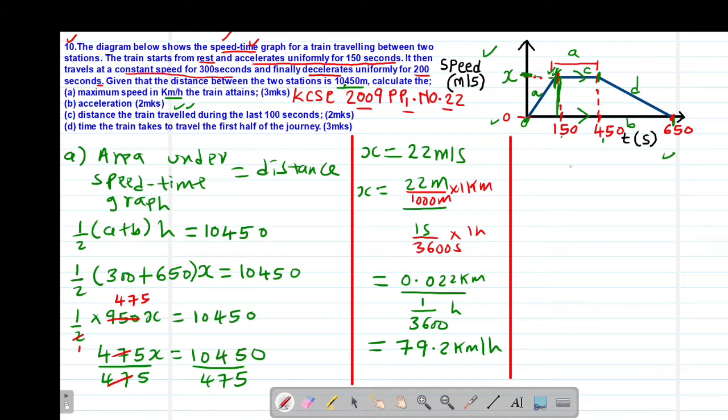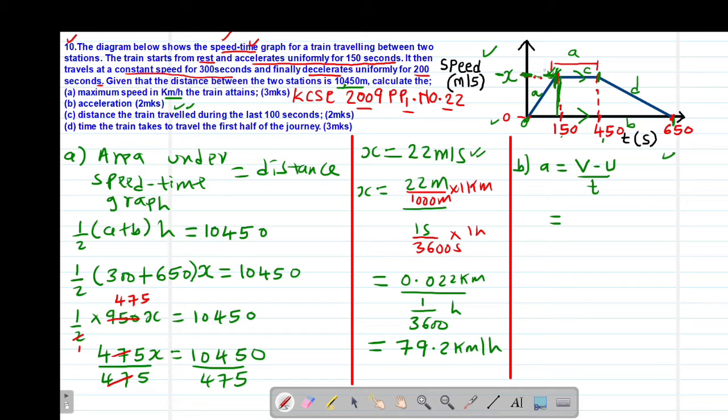Therefore, for part B of our question, of course, acceleration is equal to change in velocity, which is final velocity minus initial velocity, then divided by the time taken. From this particular point up to when the body attains the maximum speed, the final velocity will be our x, which was the maximum speed, and we have just found that our value of x is 22 meters per second.